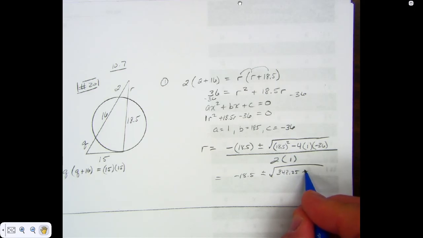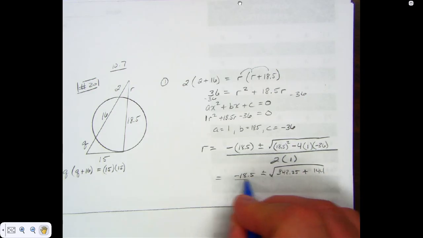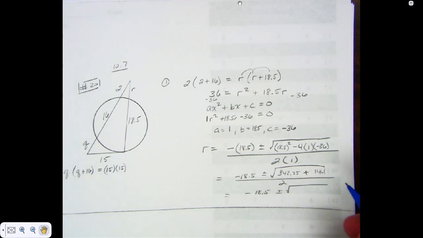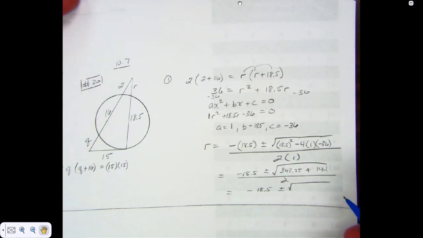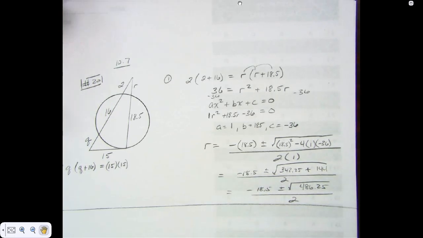It's a positive. 4 times 1 is 4. 4 times 36 is what? All of that over 2. So you've got negative 18.5 plus or minus the square root of, what is 144 plus 342.25? All of that divided by 2.